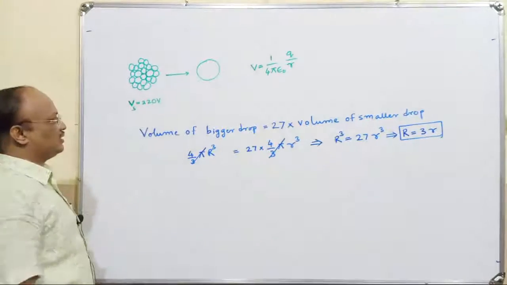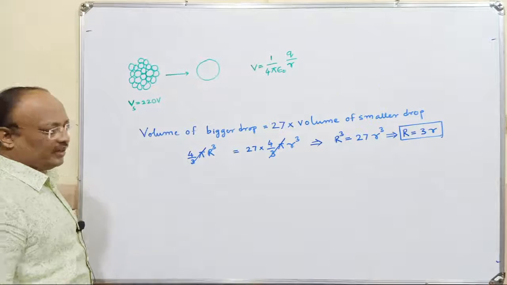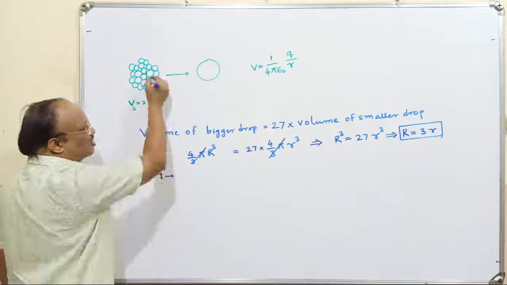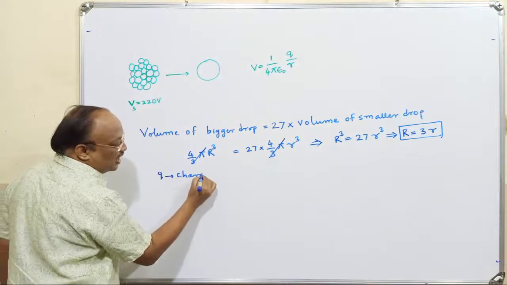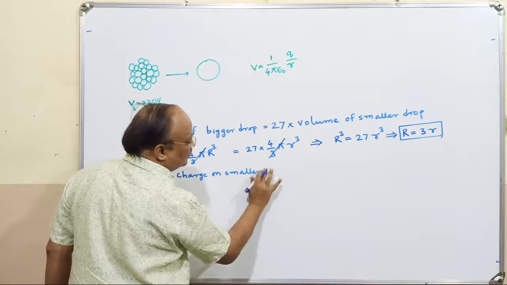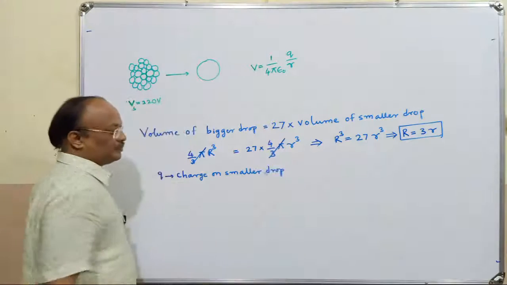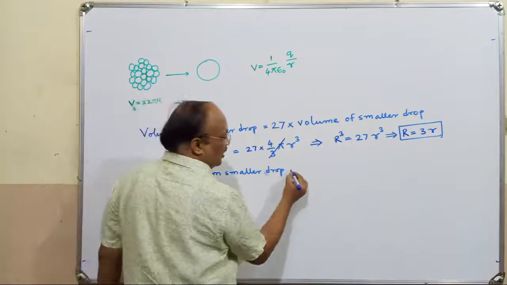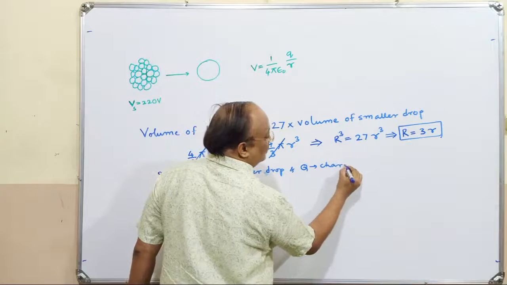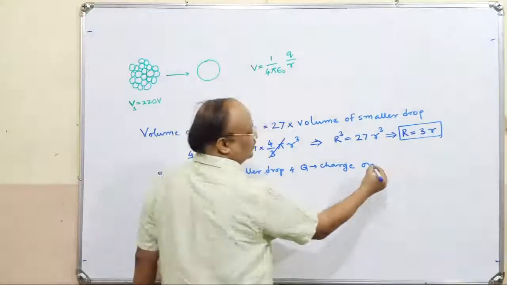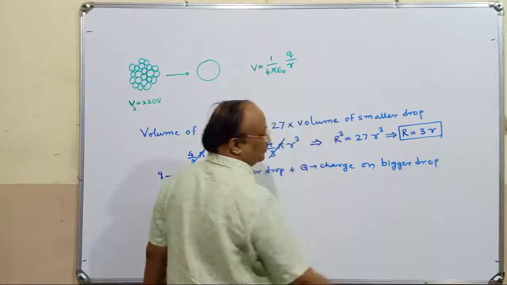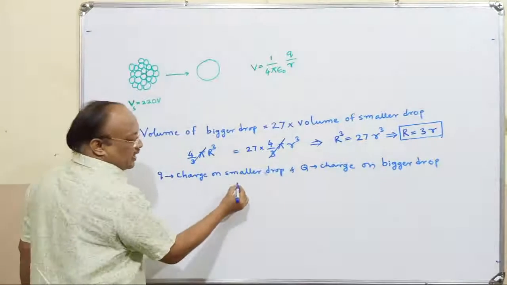If q is the charge on the smaller drop, and Q is the charge on the bigger drop, so what I can write?